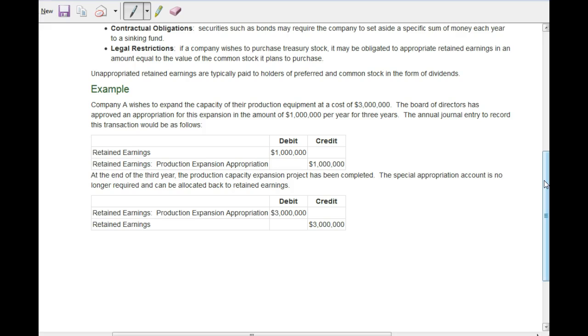What that means is you're going to make a journal entry that takes a certain amount out of retained earnings and puts it into an appropriation of retained earnings, and it tells what it's for. When that project has been completed or those appropriations are no longer required, that entry is reversed. So that's how it gets established.